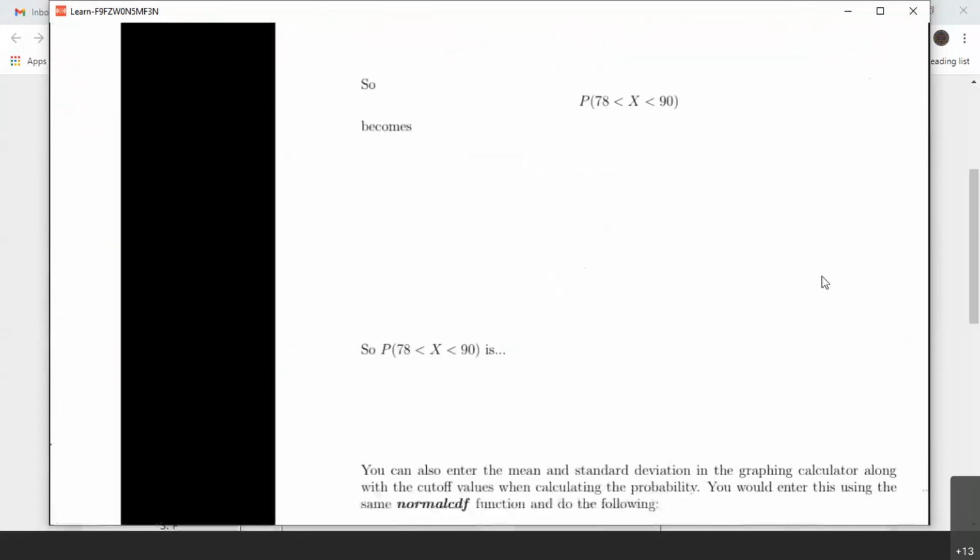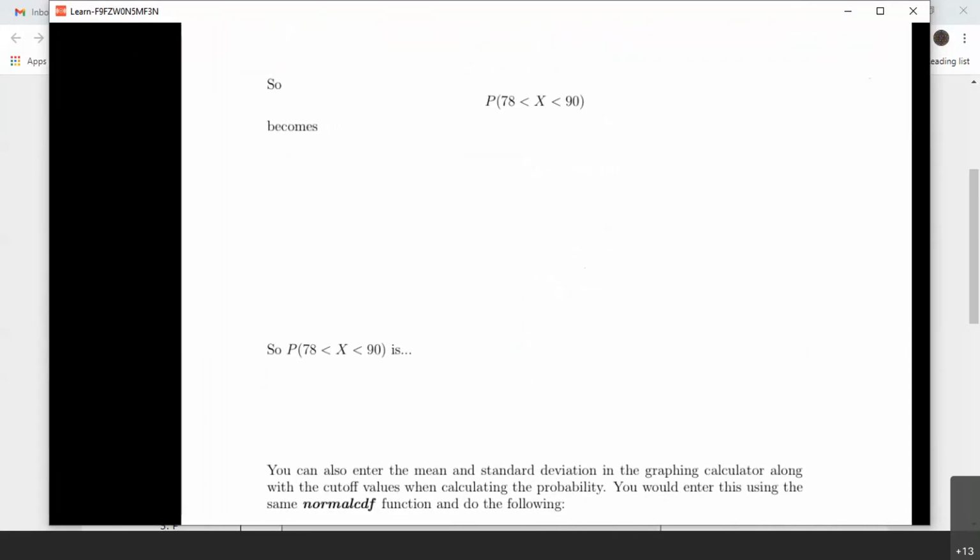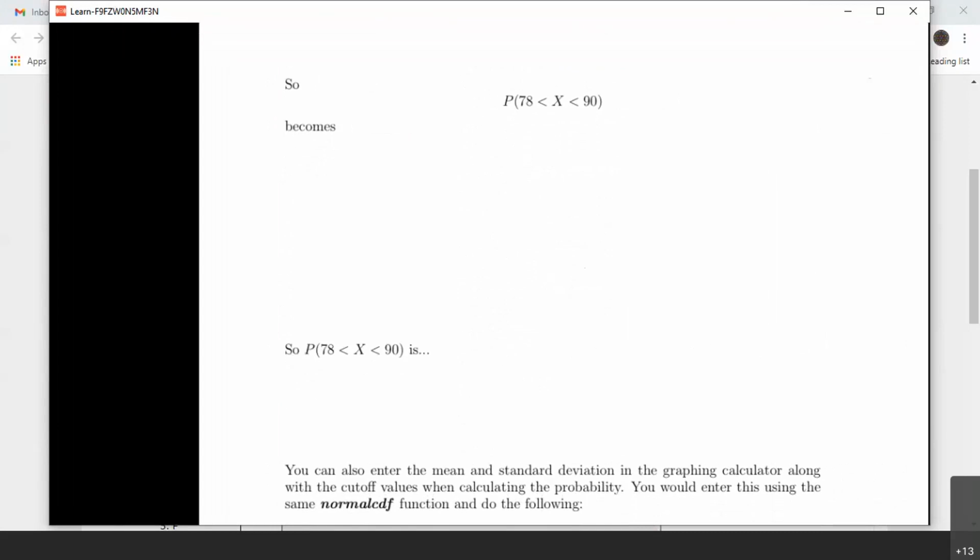Here's how they would do it. They would change the values to z-scores. I'll just show you how to do that. The first one was 78, and sometimes they'll do this. The z-score of 78 in this distribution is 78 minus the mean of 80, over the standard deviation of 3. That is a below-the-mean score.